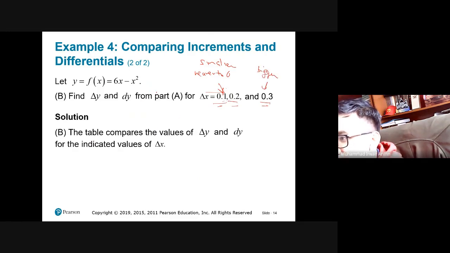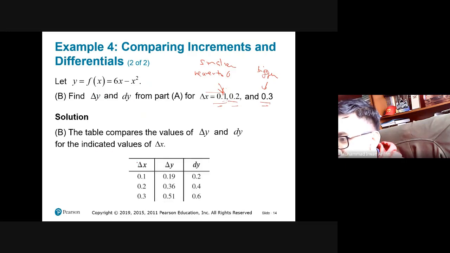So what do we need to do? We simply come up with a table. This is delta x, which equals dx, when x changes by 0.3, by 0.2, and by 0.1. Now what is delta y?